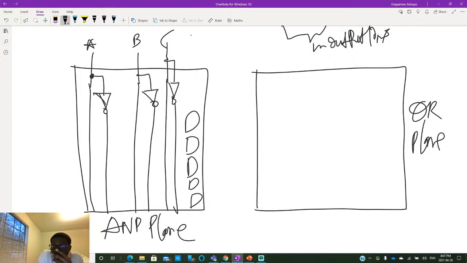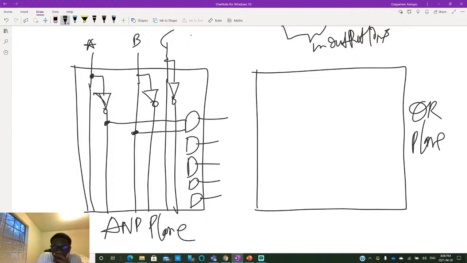And then for the PLAs, you program your connections. So let's say you have this output, and let's say you create a connection here, right? Or here. And the thing about PLAs is these AND gates can bear multiple inputs, like you could have an extra one or something of the sort.